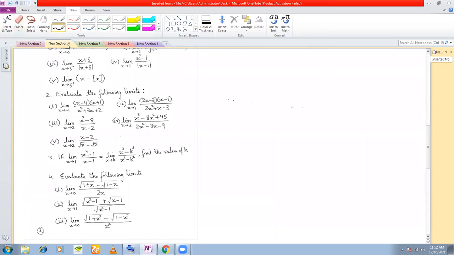Part 3. You have L is equal to limit x tends to 2, x cube minus 8 divided by x minus 2. Now this already I have shown you an example.